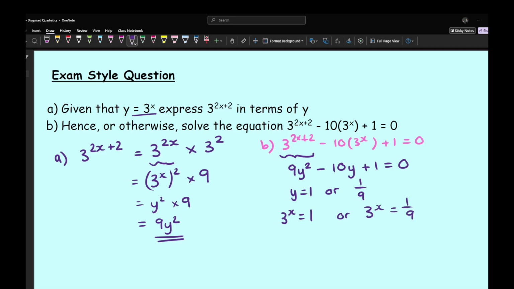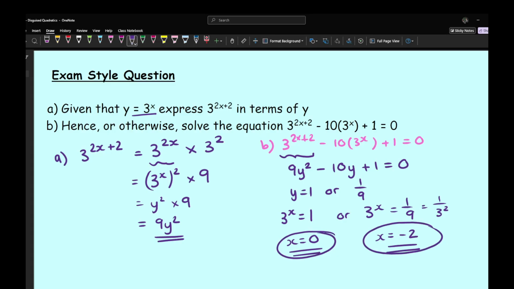Now 3 to the power of what gives you 1? Well, x must equal 0. And then writing 1/9 as the reciprocal of 3 squared will give me an x value of -2. So our two solutions for this particular question are 0 and -2.